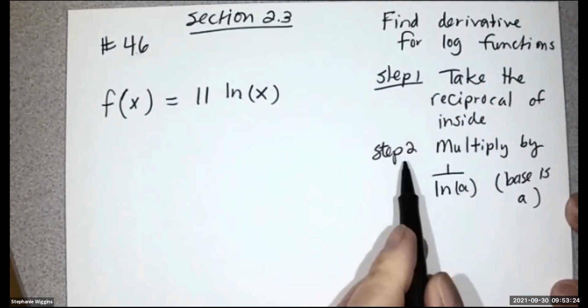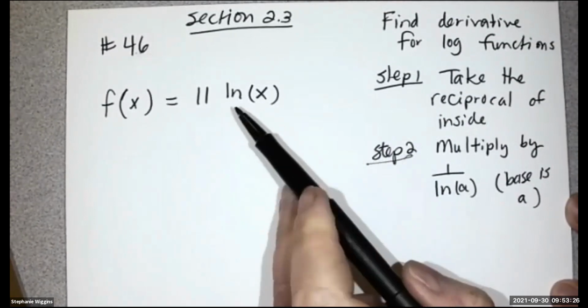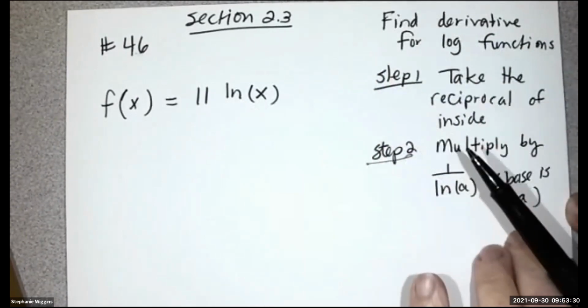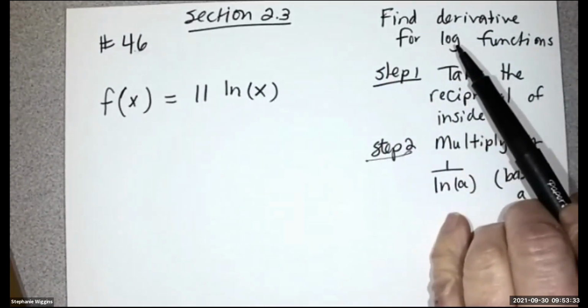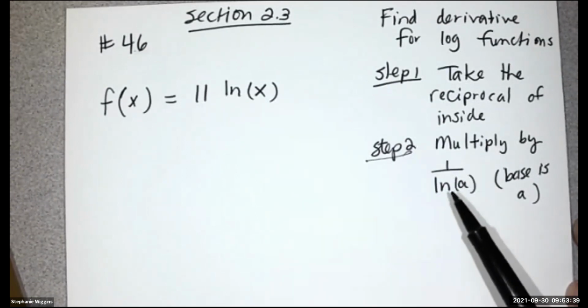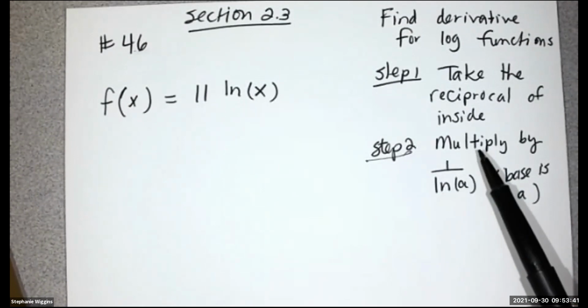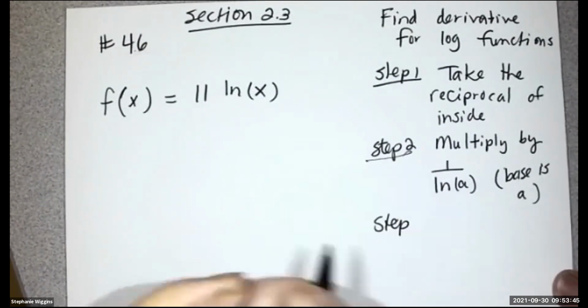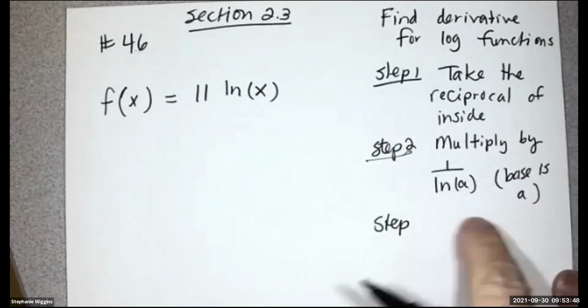For step 2, we don't do this step for the natural log function. So this is a general description of how to take the derivative of a log function, but when it's base e, which is the natural log, you skip step 2 because the natural log of e is just 1, and multiplying by 1 doesn't change anything. So for this problem, we're going to skip step 2.